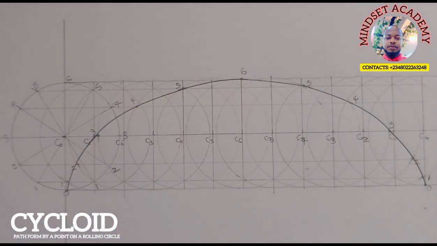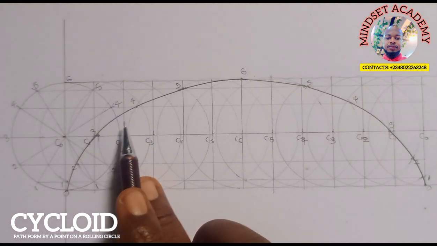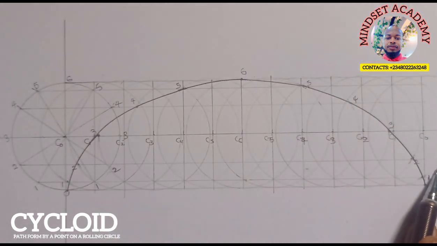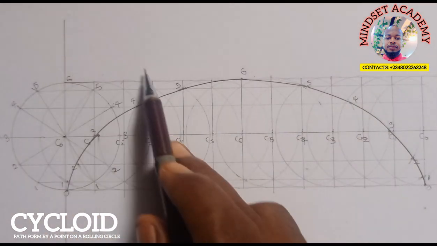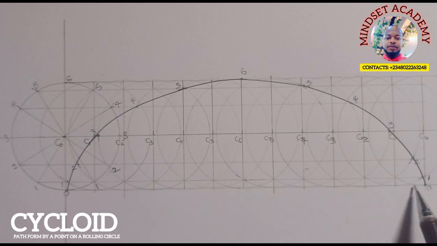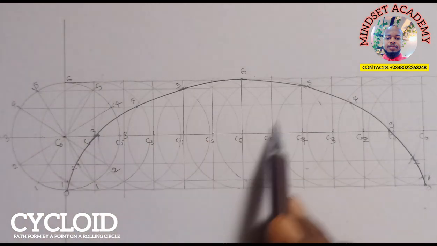Hope you consider you taking it. So this is the cycloid here, the path formed when this circle is rolling on this horizontal ground here. Alright, the horizontal plane is moving this way.